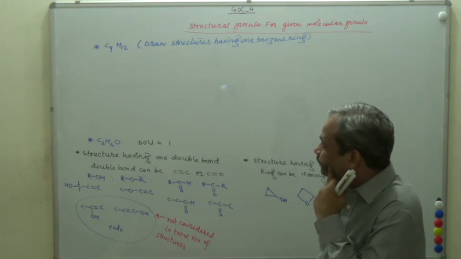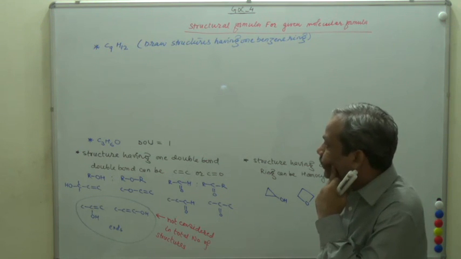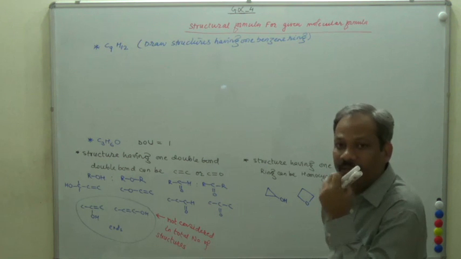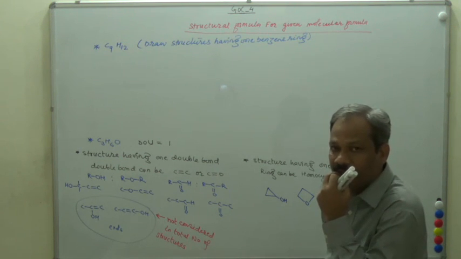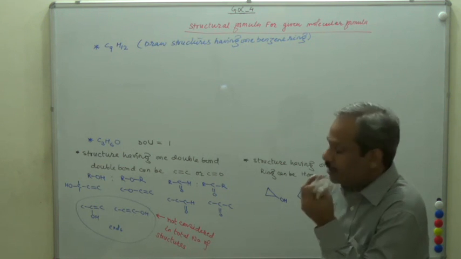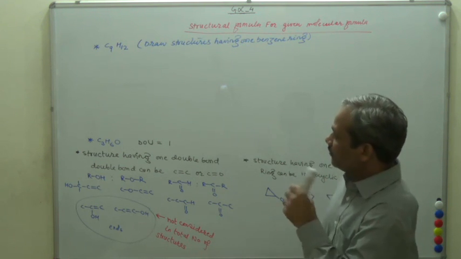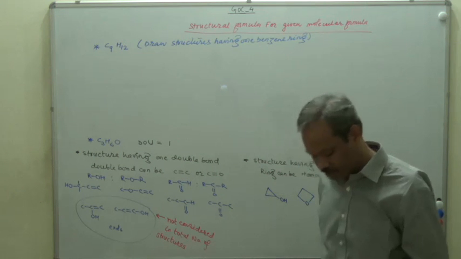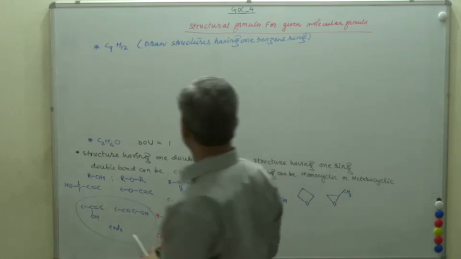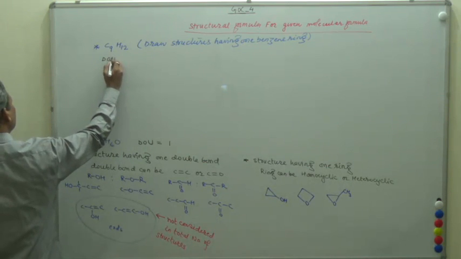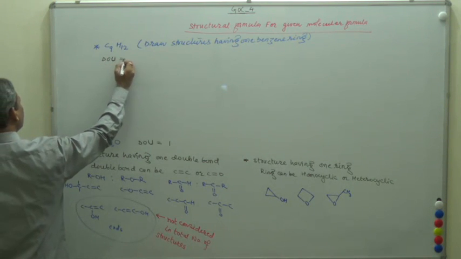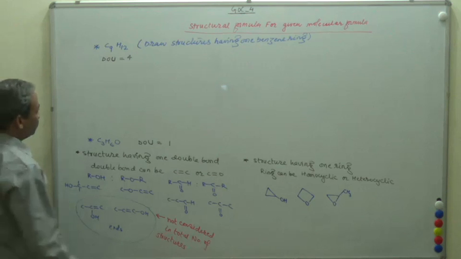The difference of hydrogen atoms in the alkane and the hydrocarbon is 20 minus 12 by 2. 20 minus 12 is 8, and 8 by 2 is equal to 4. So this compound contains 4 degrees of unsaturation.